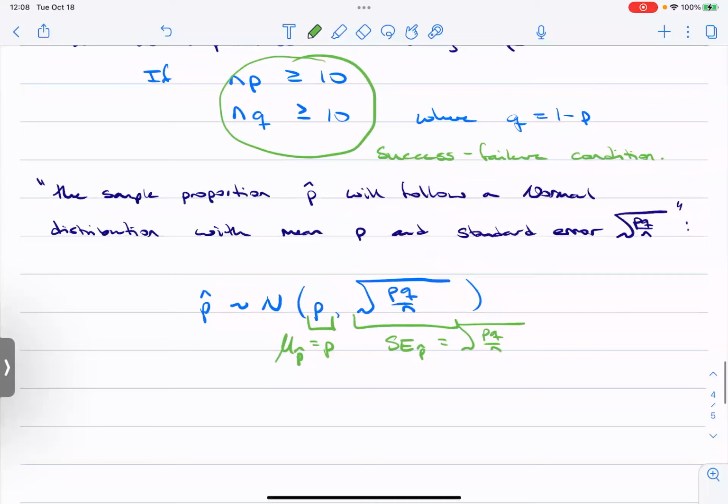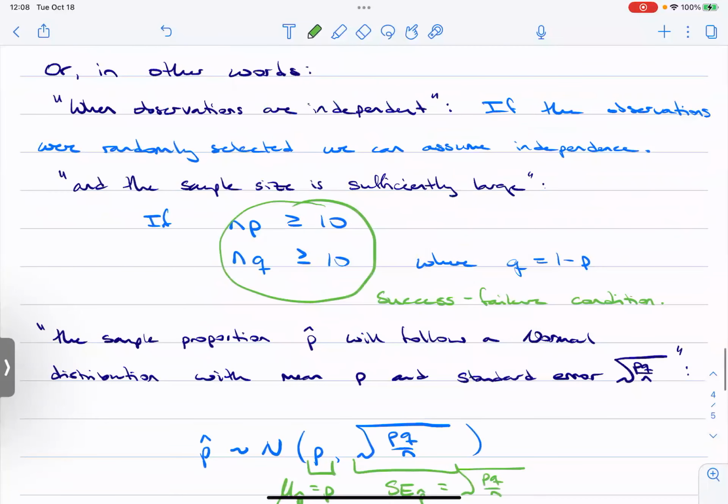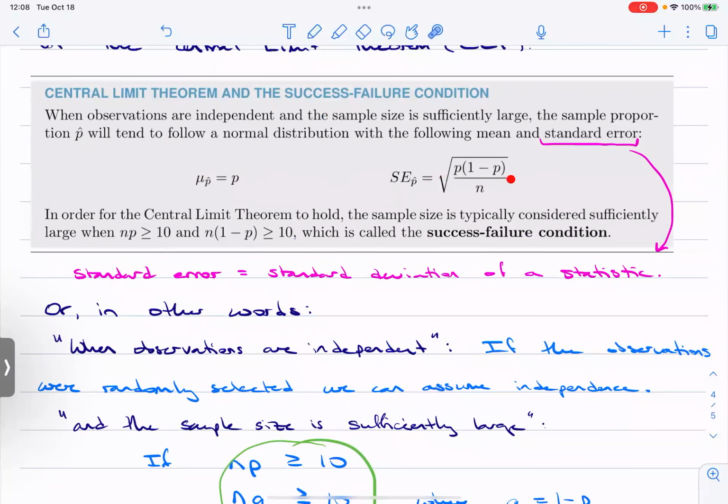Okay, let's see if there's anything missing on here. So now we've got these all covered. In order for the central limit theorem to hold, the sample size has to be sufficiently large, with the success failure condition. So we've picked apart this entire thing, and that is the central limit theorem for one proportion.